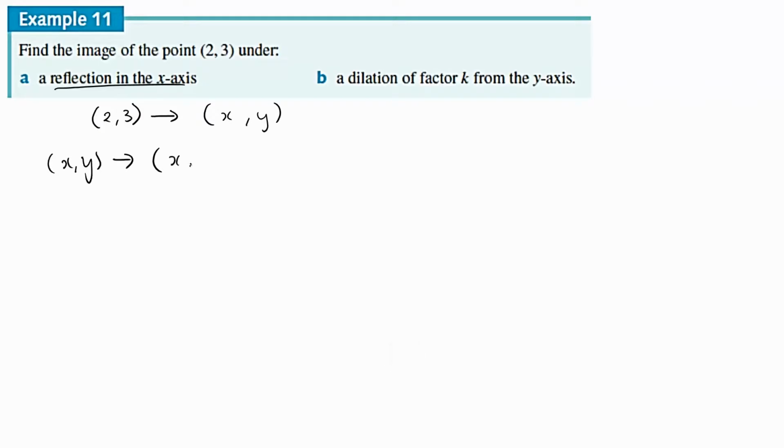So it should be X, minus Y. If you sub in 2, 3, the answer should be 2, negative 3. But we don't want you to use what you learned from 7B.